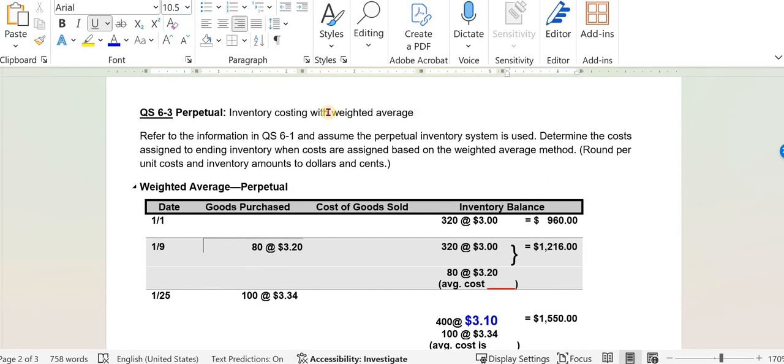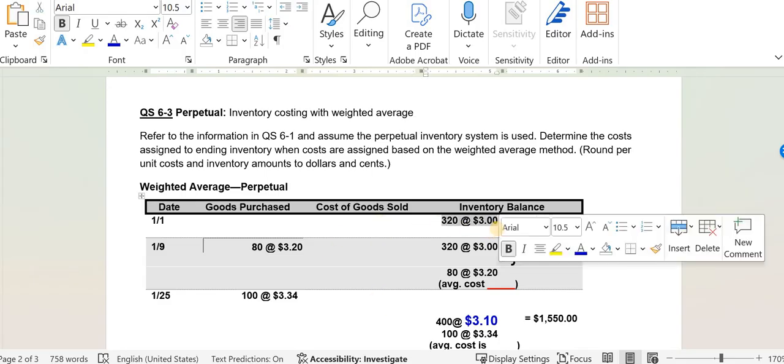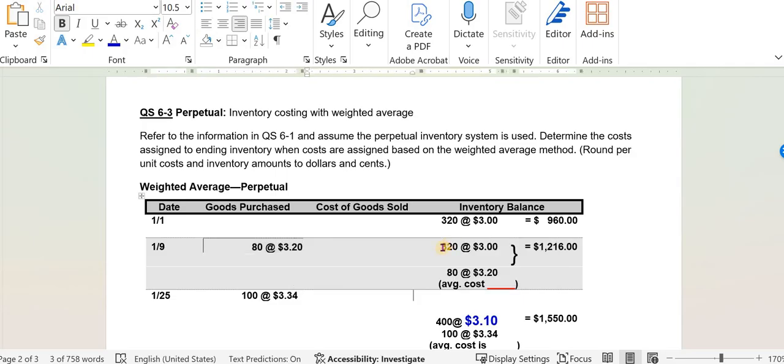All right, the last method we have here is weighted average. How's that work? It works this way. Every time we buy new inventory, we calculate a new average. So we still started with 320 units. The next thing we bought was 80 units at $3.20. So we had 320 at $3 and 80 at $3.20. How do we figure out a weighted average? Well, I'm going to take 320 times $3. That's 960. Then I'm going to take 80 units times $3.20.